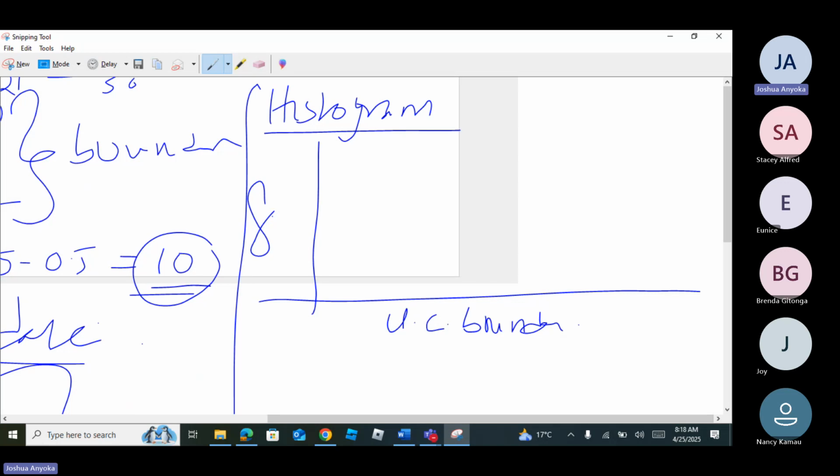But we start from the lower class boundary of the first class. This is when the data has uniform class intervals. You have seen what intervals are.